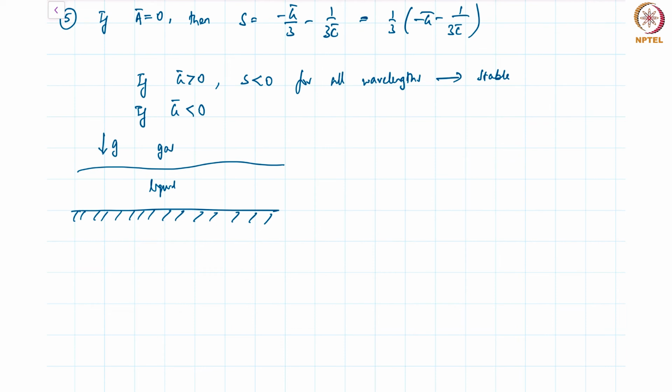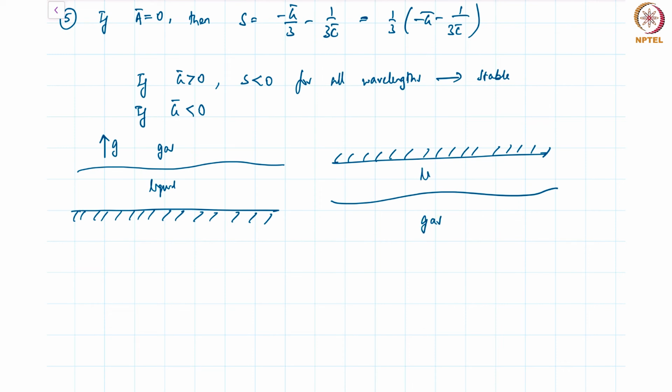But if the gravity vector is in the opposite direction, I will have to change the direction of gravity. This is equivalent to saying that I have a solid substrate and a thin film with gas below it and liquid above it, and the gravity vector is now pointing from liquid to gas.